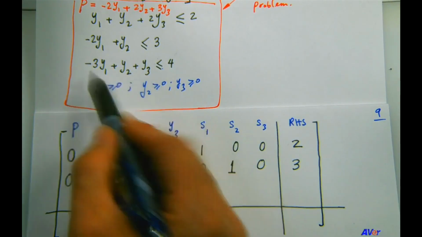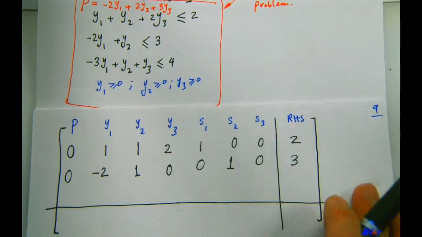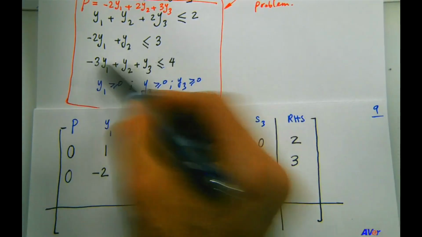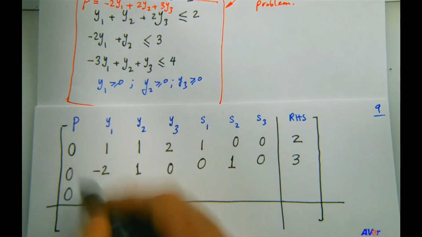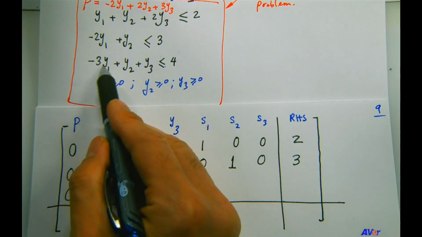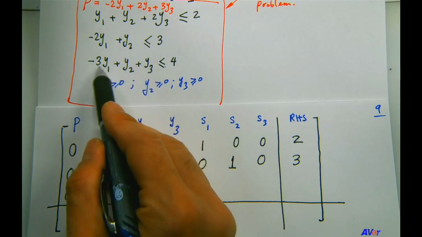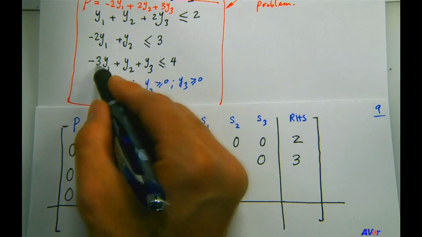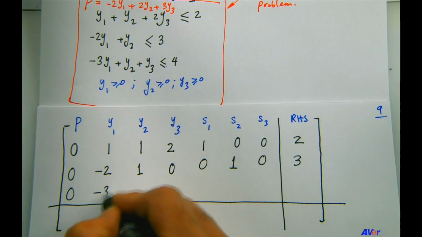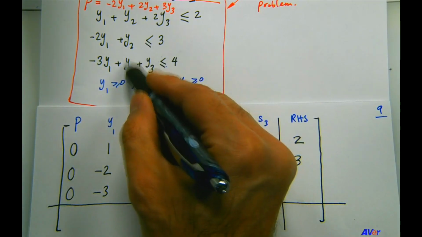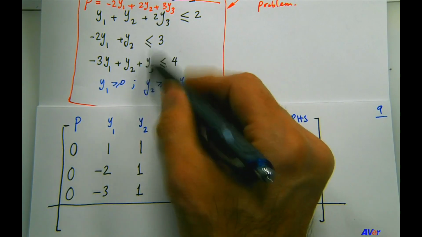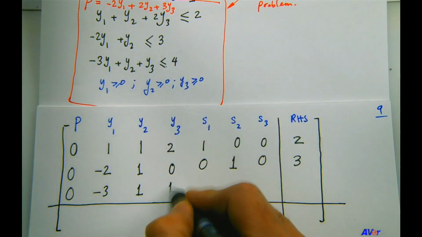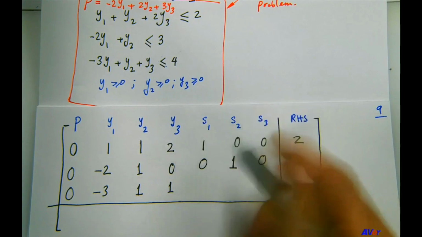Okay, so the last inequality. Once again, there's no p variable in this inequality, so the coefficient under the p column would be 0. But there is a y1, y2, y3. So let's grab these coefficients: -3 for y1, coefficient 1 for y2, coefficient 1 for y3. Is there going to be S1?